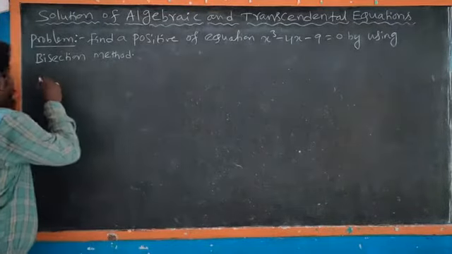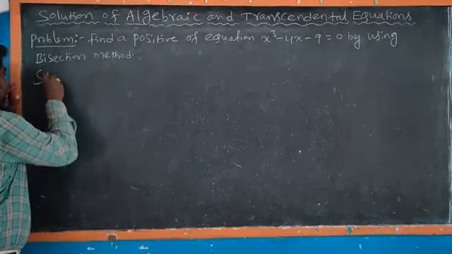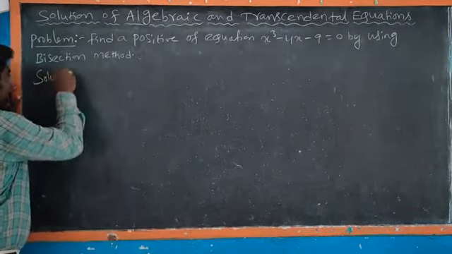Now the solution is: given x cube minus 4x minus 9 equal to 0, right? Let f of x equal to x cube minus 4x minus 9. Okay. Now take the calculator.